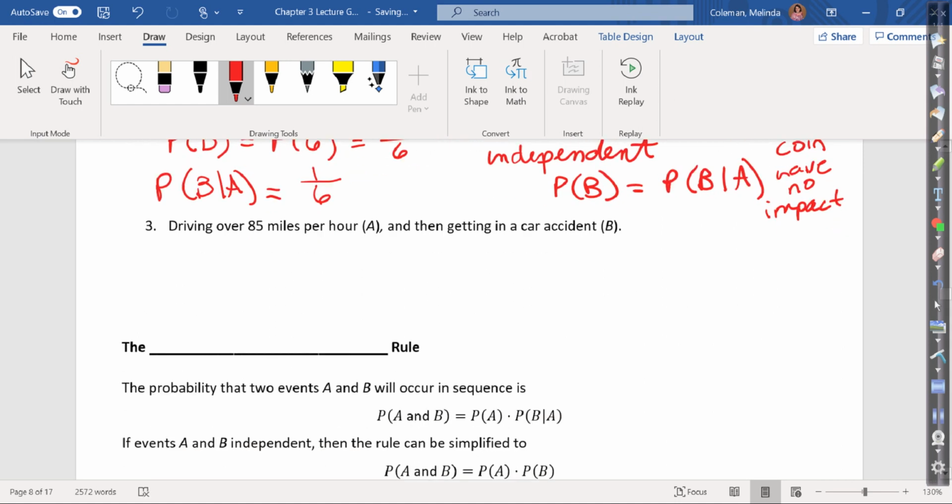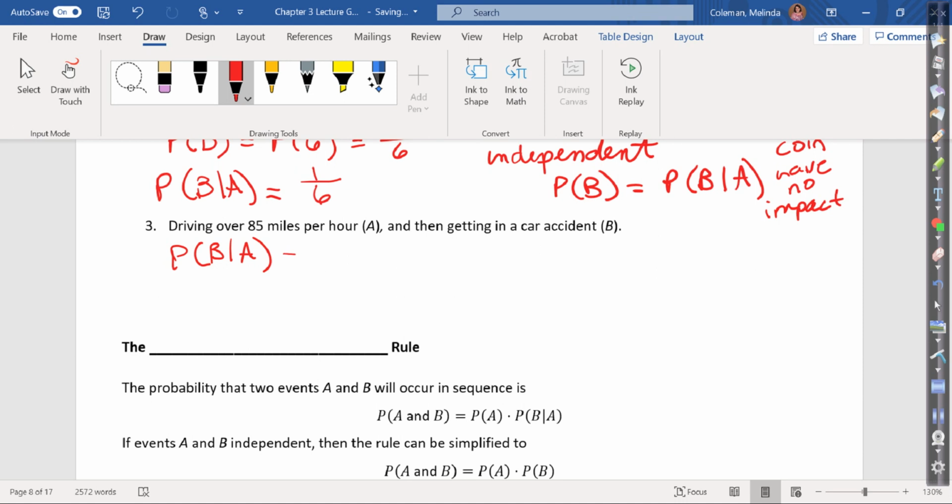Right. Now this next one is going to be perhaps a little bit thoughtful. Driving 85 miles per hour is the A event, and getting in a car accident is the B event. So the probability of B given A. Well, I don't have any numbers to plug in here.